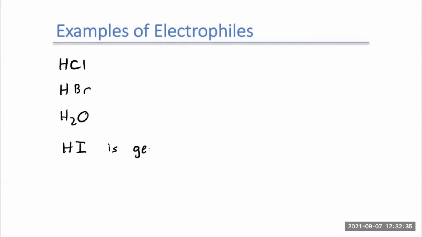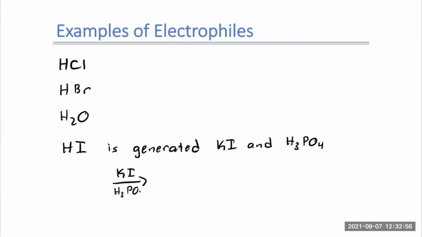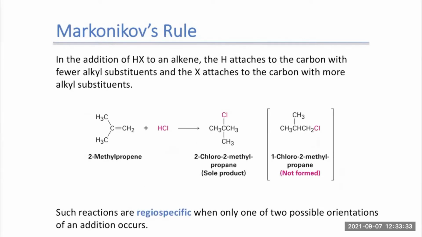Instead, it's generated by the addition of potassium iodide and phosphoric acid. So for example, with HI, you might see KI over phosphoric acid. And that's really going to be similar to just saying HI would react. So these are some electrophiles that we're going to start seeing. We'll see more electrophiles, but here's just a couple to get you started.